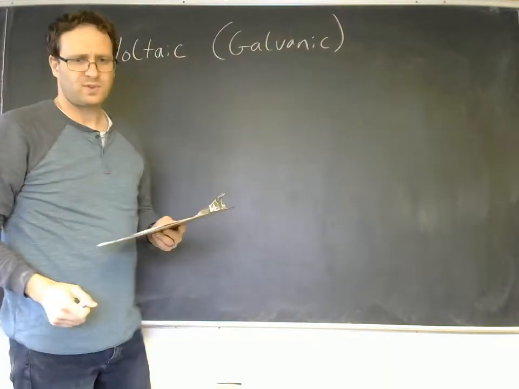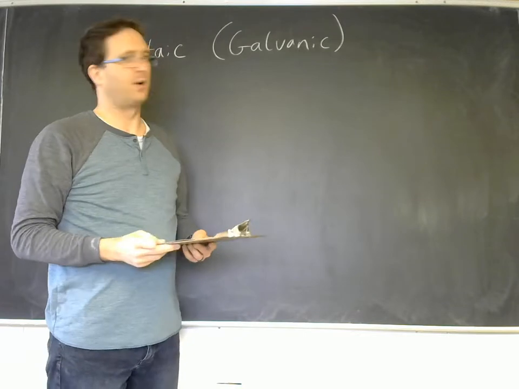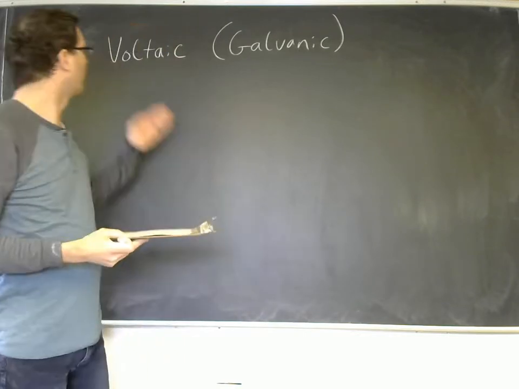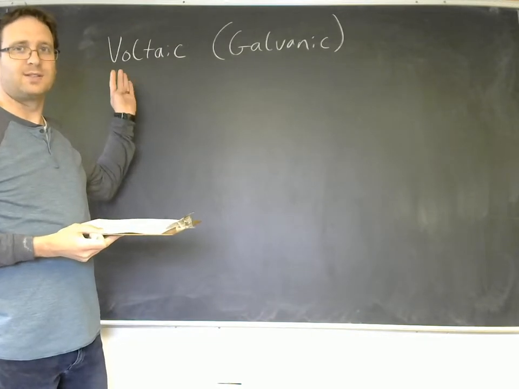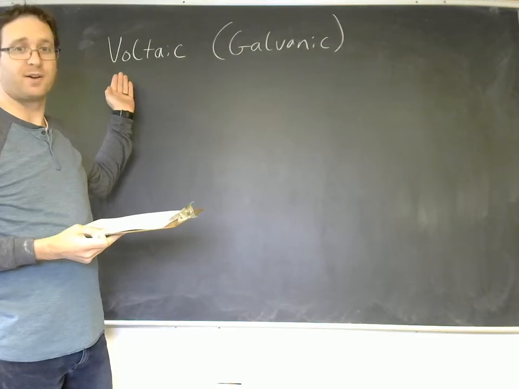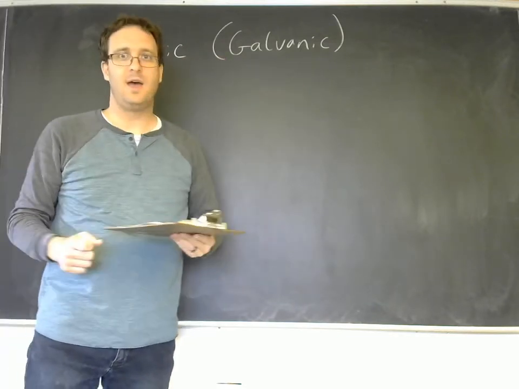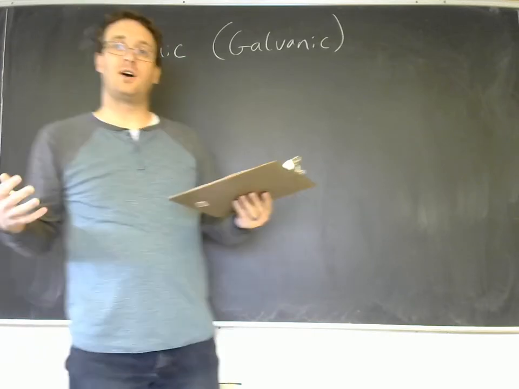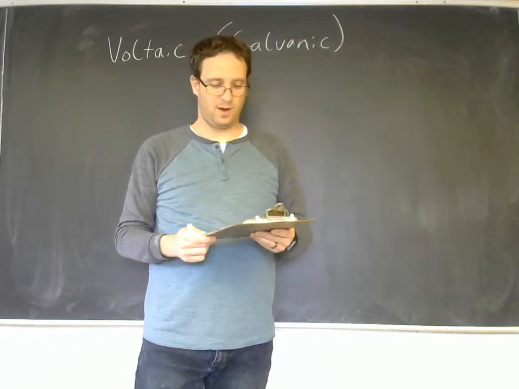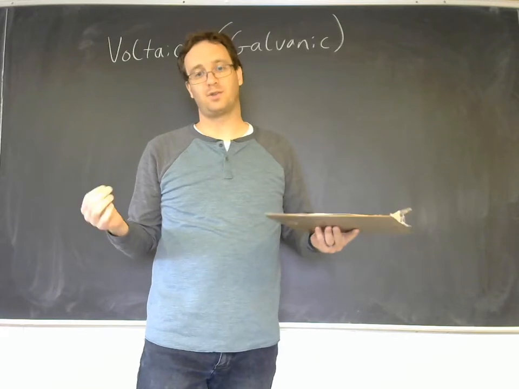So Volta and Galvanus were two people that were studying these sorts of reactions and cells, and I think Volta is the one who was a better marketer, because we call these primarily voltaic cells instead of galvanic cells. But they are the same thing. They are cells which use a spontaneous chemical reaction in order to produce a voltage and a natural electron flow.